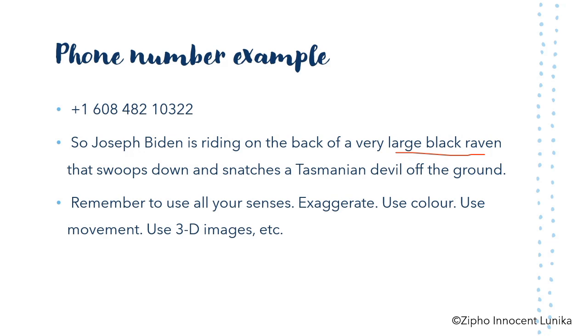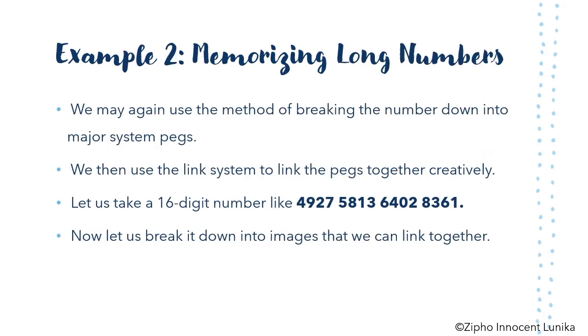And now, how may the major system be used to remember long sequences of numbers? So we may again use the method of breaking the number down into the major system pegs. We then use a link system to link the pegs together creatively.